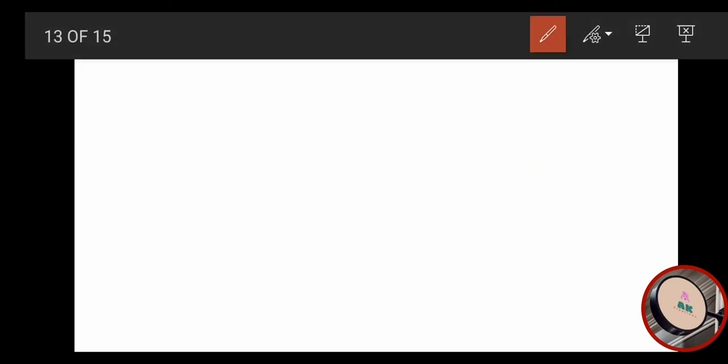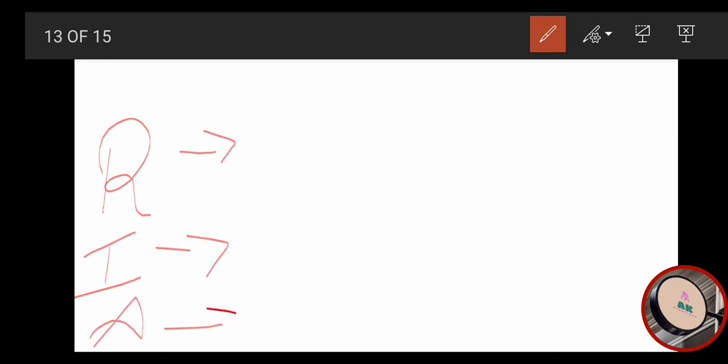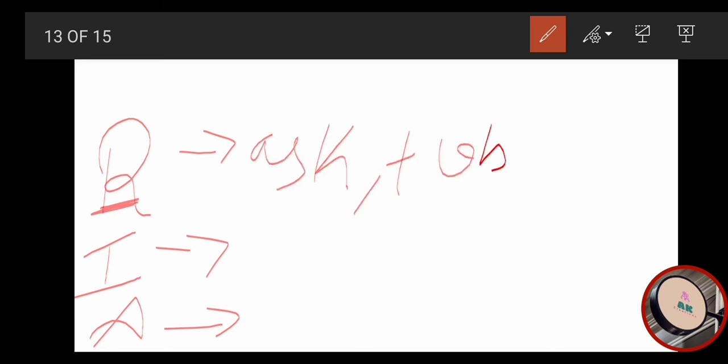I told you about the reporting clause; you have to remember one thing: request, instruction and advice. For a request, you have to use ask plus object plus to-infinitive, to dance.